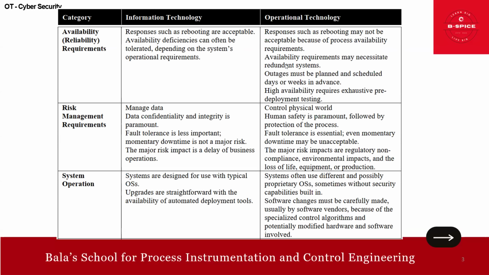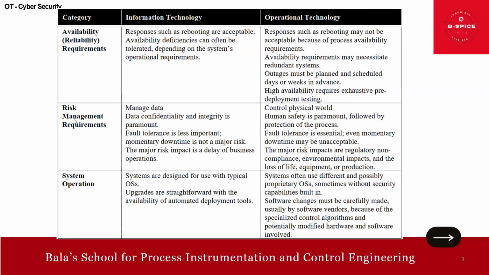Whereas in OT, availability requirements may necessitate redundant systems, isn't it? So we need to consider redundancy in the design stage itself. And outages must be planned and scheduled days or weeks in advance to ensure higher availability, and it requires exhaustive pre-deployment testing. So to sum up, availability is utmost important, friends, for OT.